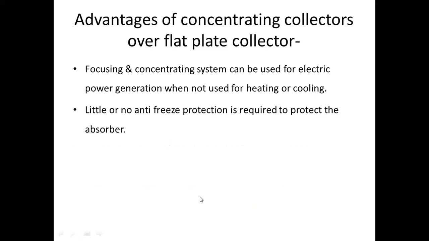So the next is the focusing and concentrating system can be used for electric power generation when not used for heating or cooling. As we all know, we are producing a much larger amount of temperature or heat energy from the solar in case of the concentrating type collector, that may be used for producing steam, to convert the liquid into steam, or for heating purposes.